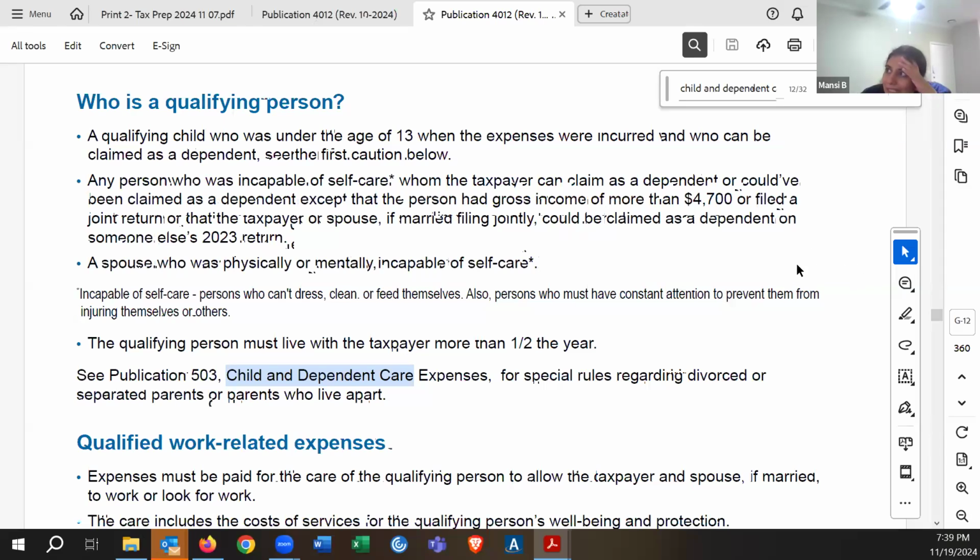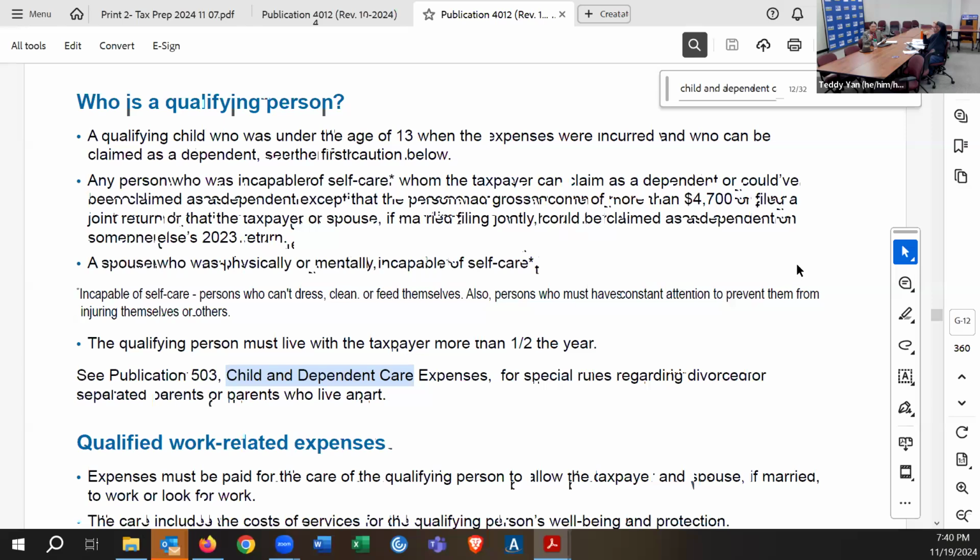So, in this case study, on May 30th, 2023 is when Daria completes 14 years of age. It's the last day of the year. No, in this case, I see what you're getting at. In this case, it is under age 13 when the expenses were incurred.